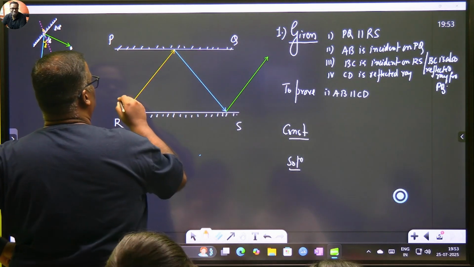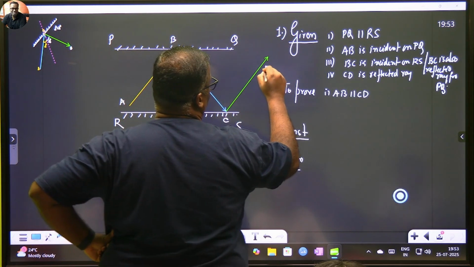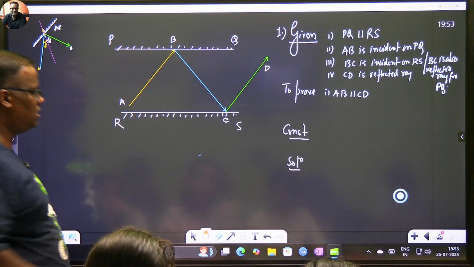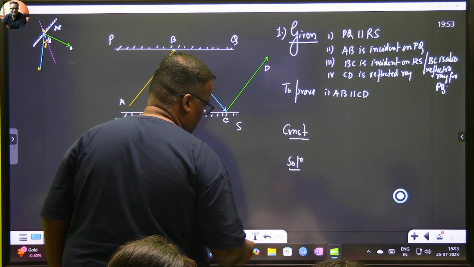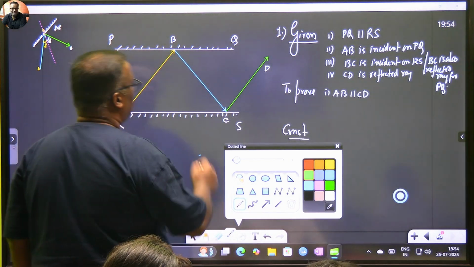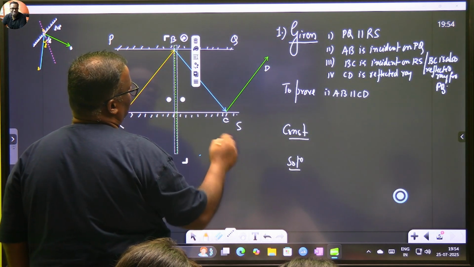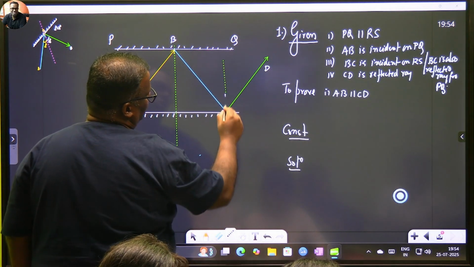So this is A, this is B, this is C, this is D. All you have to prove is this. So what are the constructions that we can take? So construction, we will take, drop a normal from B, okay? So we have one construction here, and we can also have one more construction here.